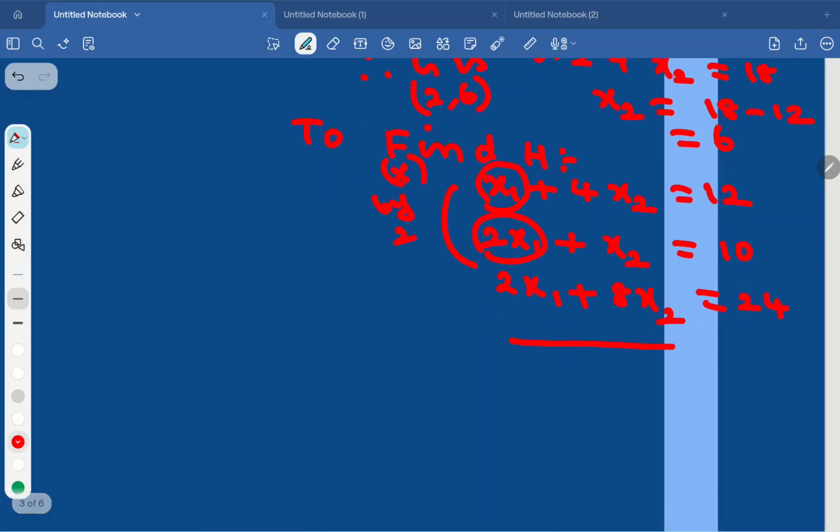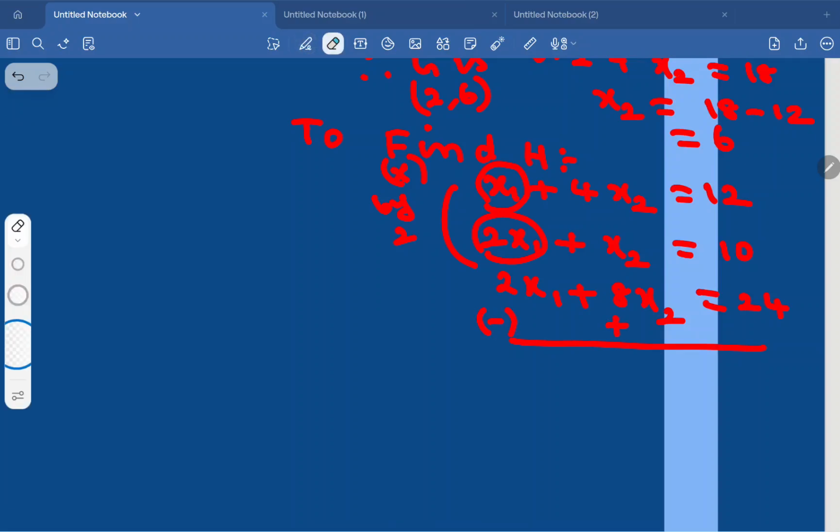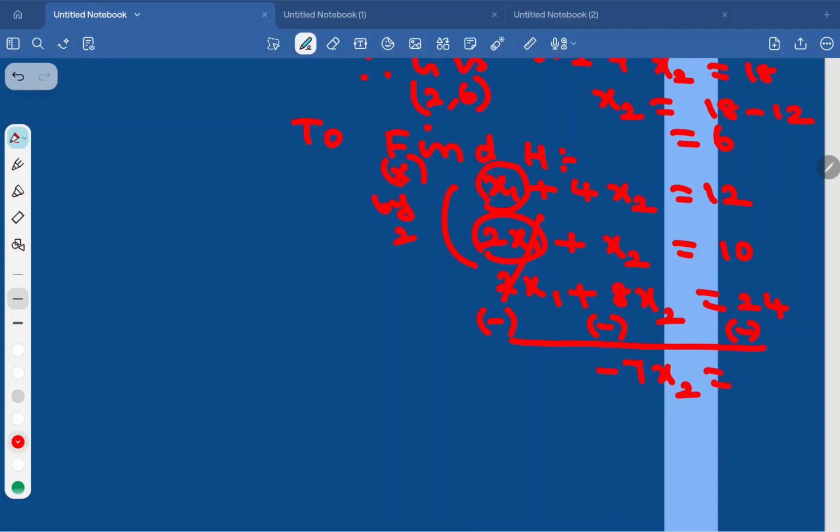Now subtract: 2x1 minus 2x1 cancels, x2 minus 8x2 is minus 7x2, 10 minus 24 is minus 14, so x2 is 14 by 7, that is 2.